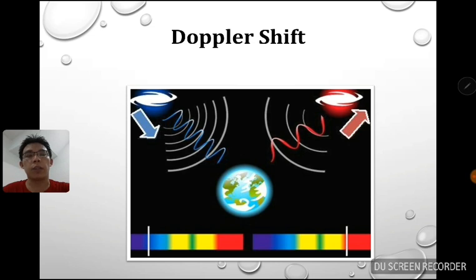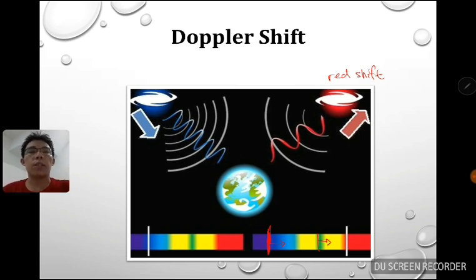The one that is moving away from the earth will experience this color shift called the red shift. That's why this picture here is indicating the red color. It's not that the whole thing becomes red, it's that the spectrum has shifted towards the red wavelength. Let's say by right it's supposed to be this purple color, so it shifted to the blue, then the green shifted to the yellow, and so on. So they shift towards the longer wavelength.